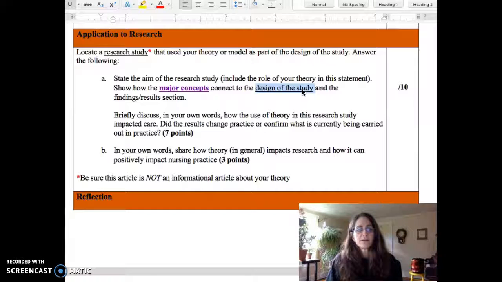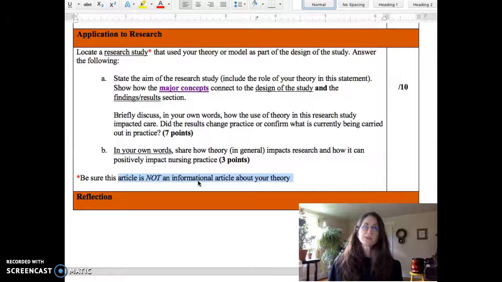Okay? And looking down here, make sure it's not an informational article. I've found sometimes students don't know the difference. So there's going to be a design, right? Participants, an aim of the study, the findings, results, versus you won't find anything of that. Methods is another section. You won't find any of that in an informational article.